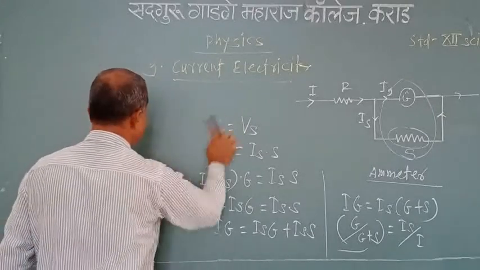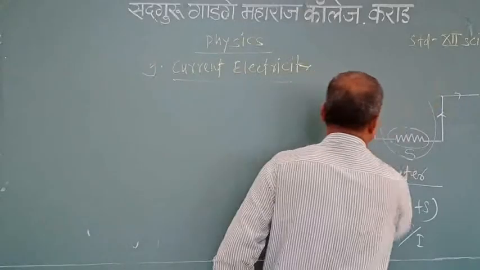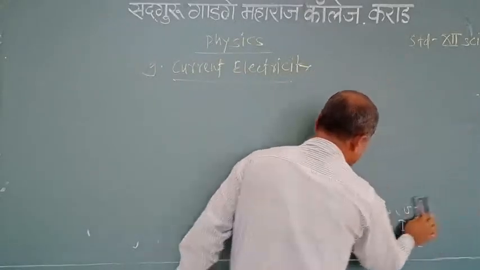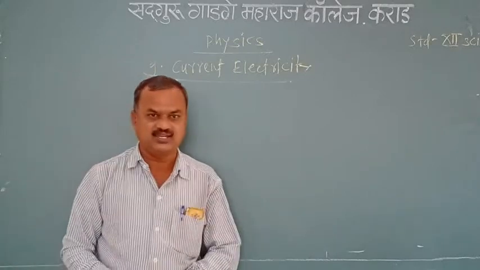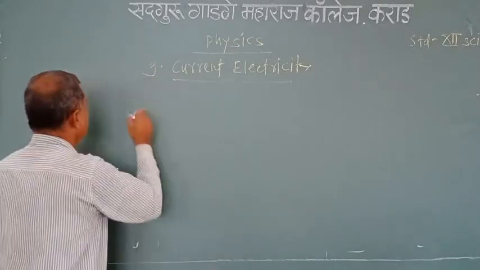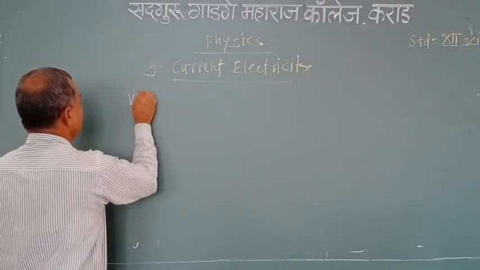Similarly, we have to convert MCG into a voltmeter for measurement of large potential difference across any circuit element within an electric circuit. Then we will study how to convert MCG into a voltmeter.